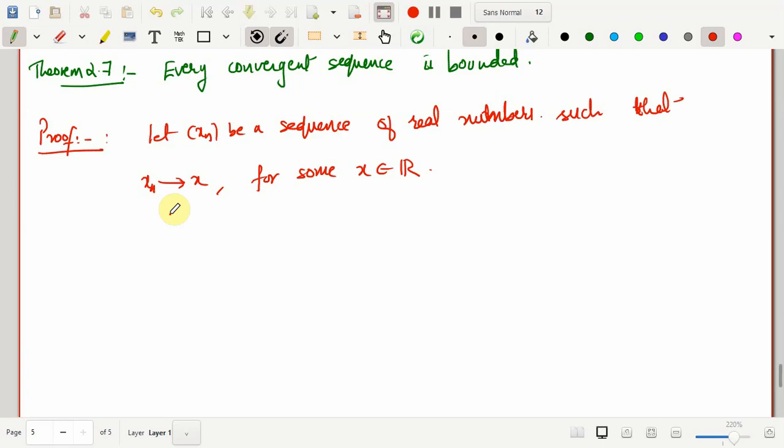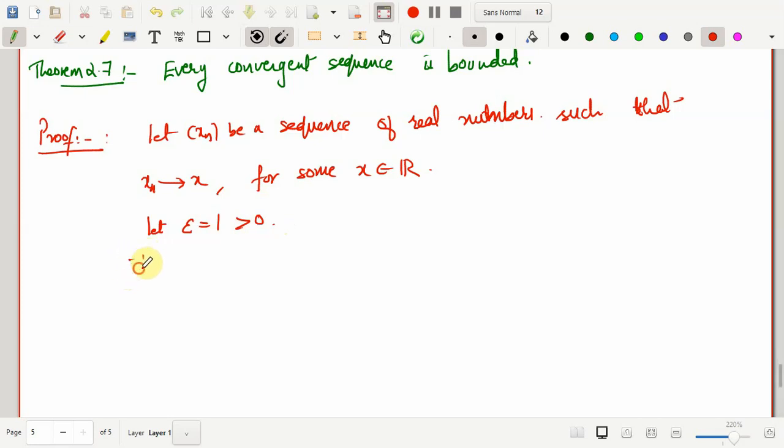Now since we want some fixed bound, I would be fixing the value of epsilon, and again I would take it positive so that I can get a fixed bound for the sequence. Okay, so what I'll do is I'll fix epsilon to be 1. You can take any positive real number, not an issue at all, which is strictly greater than 0.